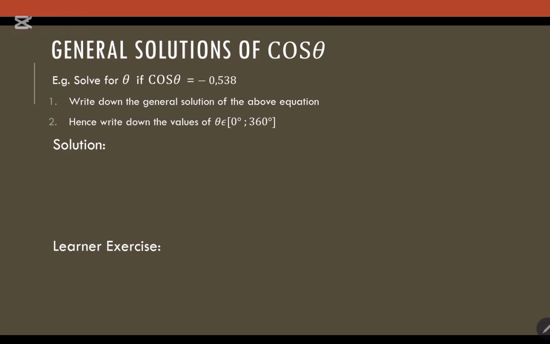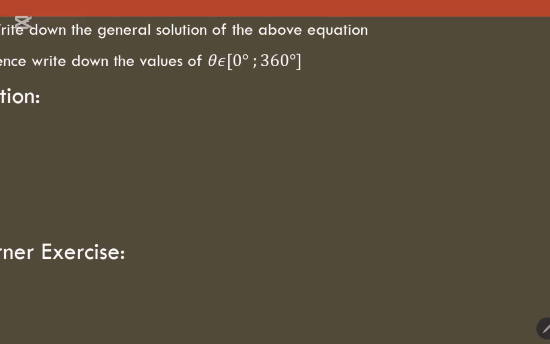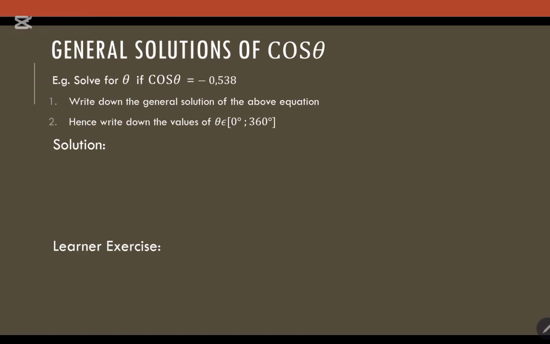So let us look at this. We have cos theta equals negative 0.538. So theta equals plus or minus arc cos of negative 0.538, plus k times 360.